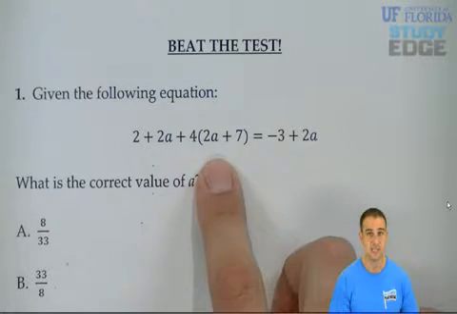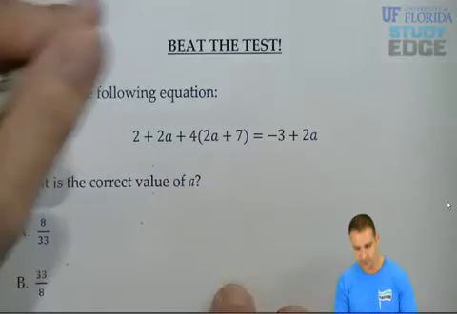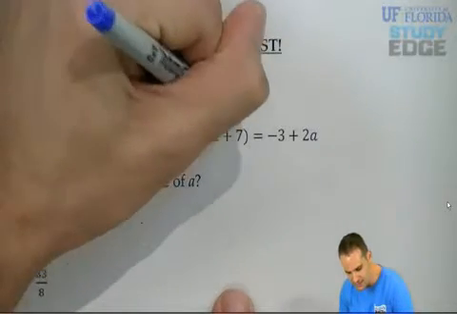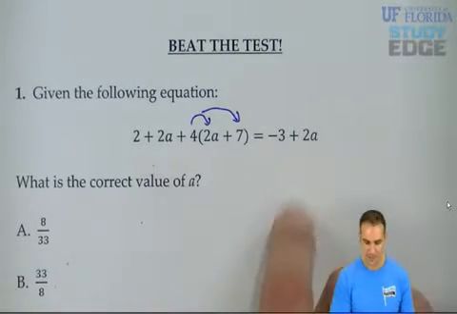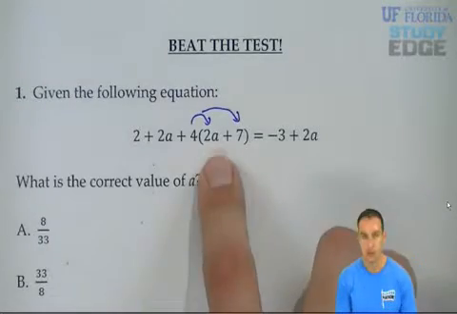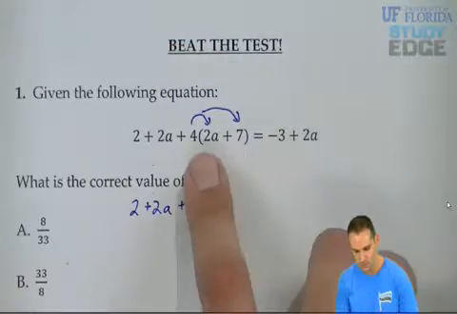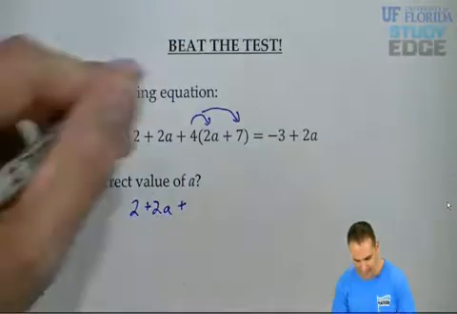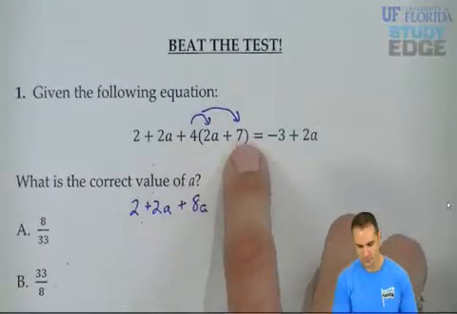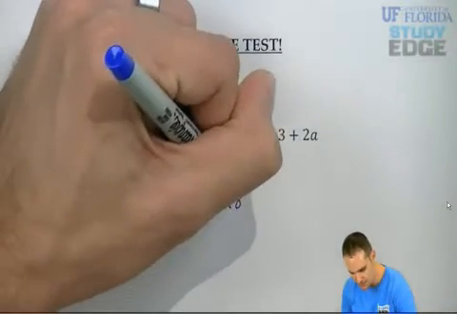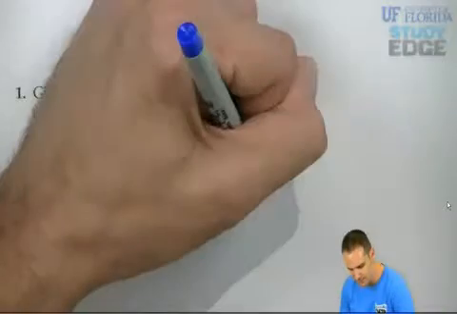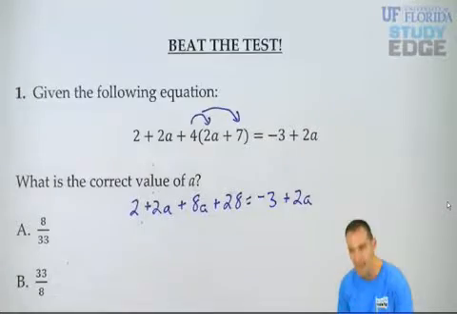I see a parentheses. I'm going to multiply the 4 on the outside to each term on the inside of the parentheses. Leaving everything else alone, I would have 2 plus 2a plus 4 times 2a is 8a. 4 times 7 is 28 equals negative 3 plus 2a.